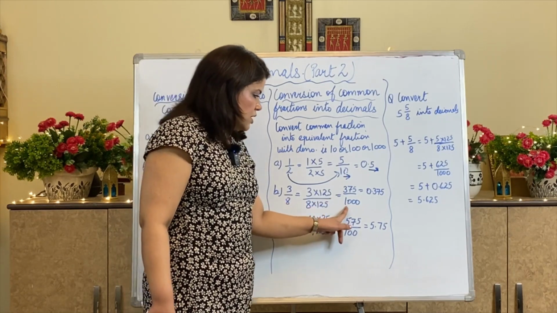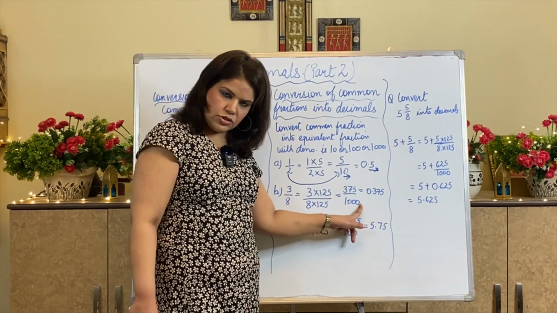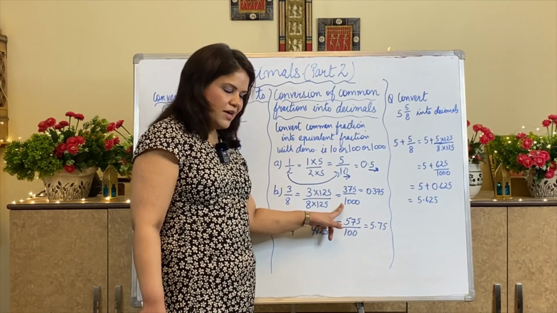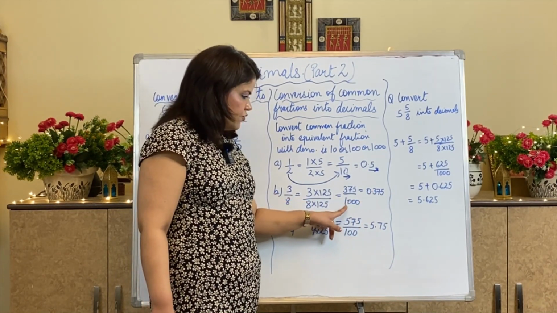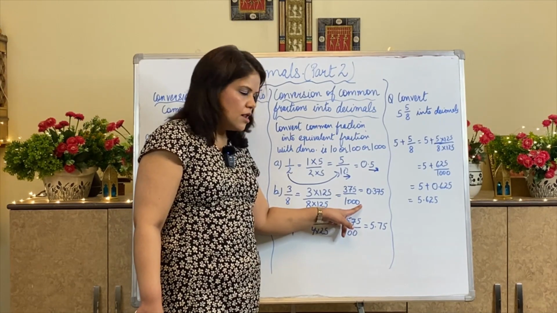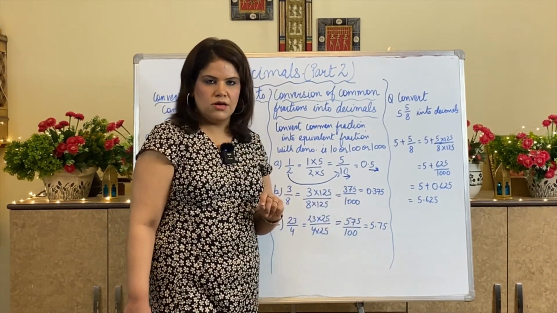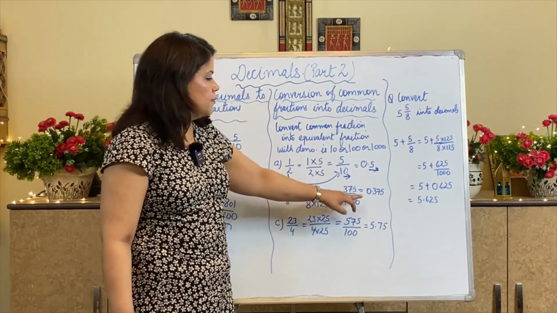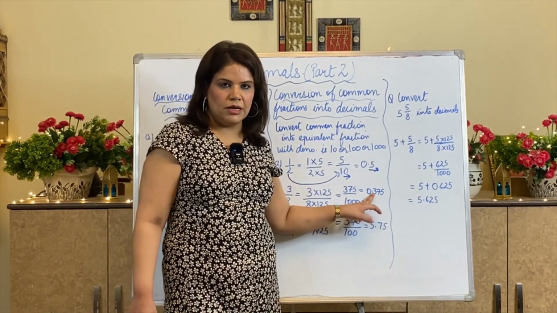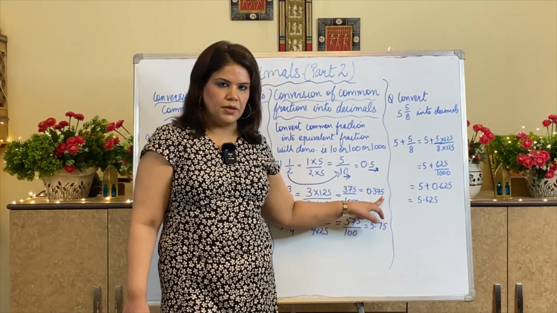Understood? Since it has 3 zeros, in place of 1 the decimal will come, and zeros will be replaced by the number of decimal places of the numerator. Whatever is the numerator, that many decimal places will come here. Understood?